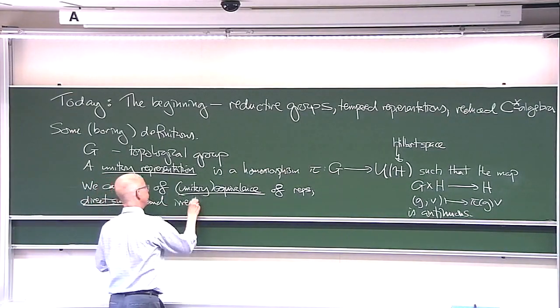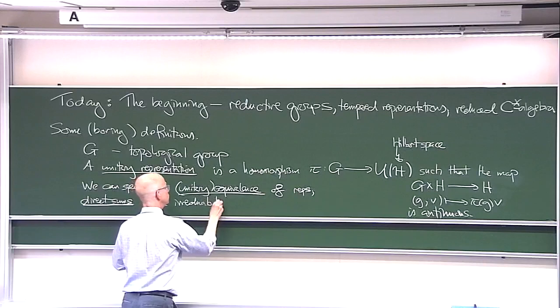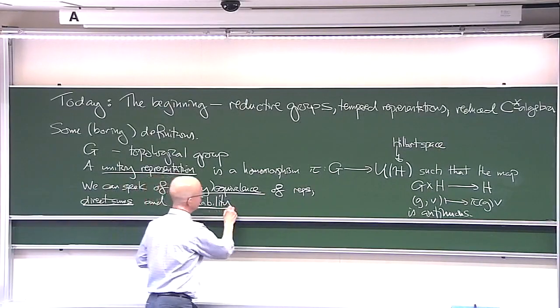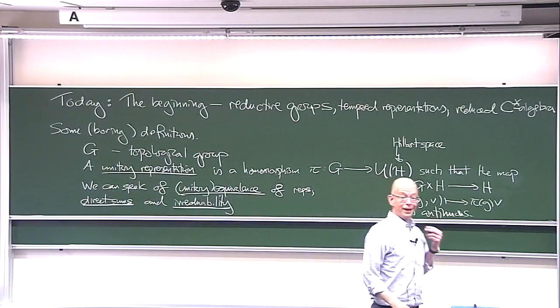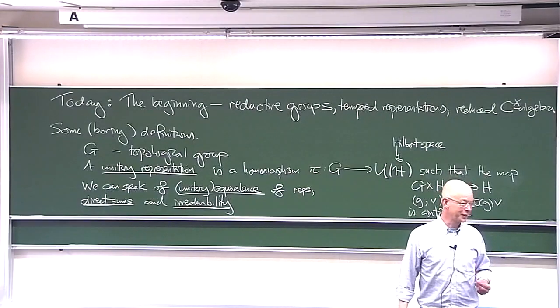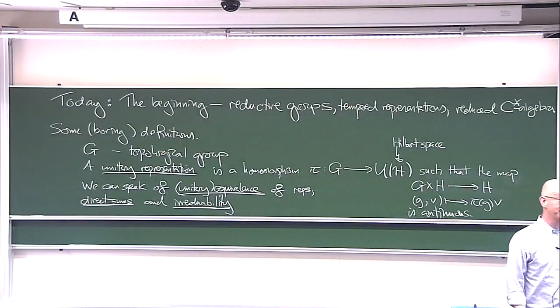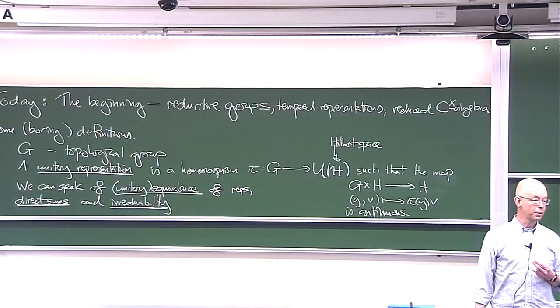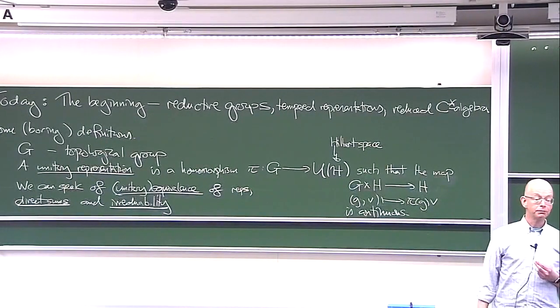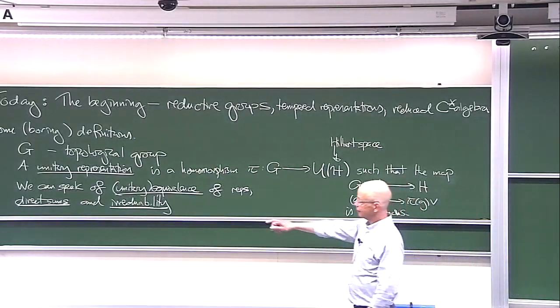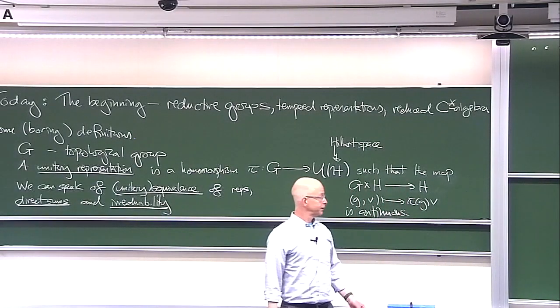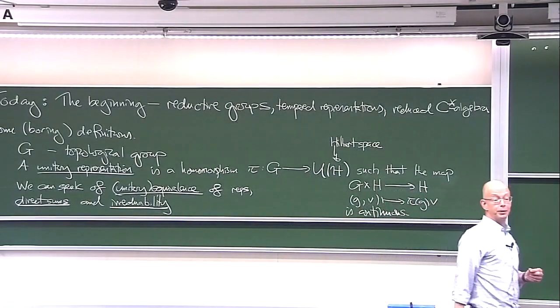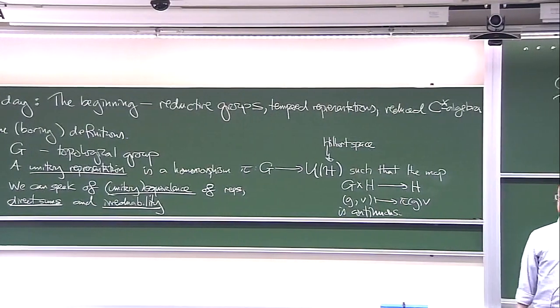And we can speak of irreducibility of such representations. And unless you ask me to, I will not define these precisely, because I think these concepts are very natural, probably familiar to everyone. Okay, the most important maybe is irreducibility. It just means that there's no closed subspace of H which is mapped into itself by every group element.